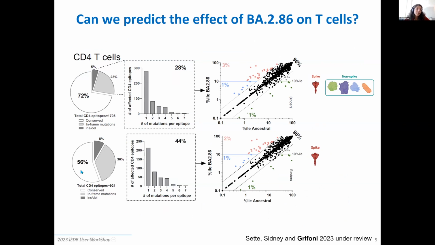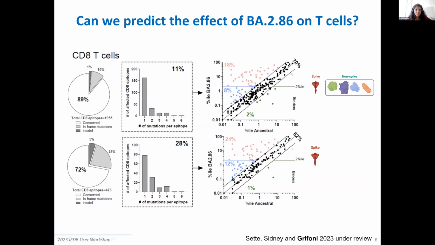You have roughly 56%, half of it still 100% conserved. But once again, when you dive into the mutated epitopes, the majority have a couple of mutations per epitope, and when we look at the capability of the HLA to still bind these mutated epitopes, we still see again that the majority retain binding capabilities.